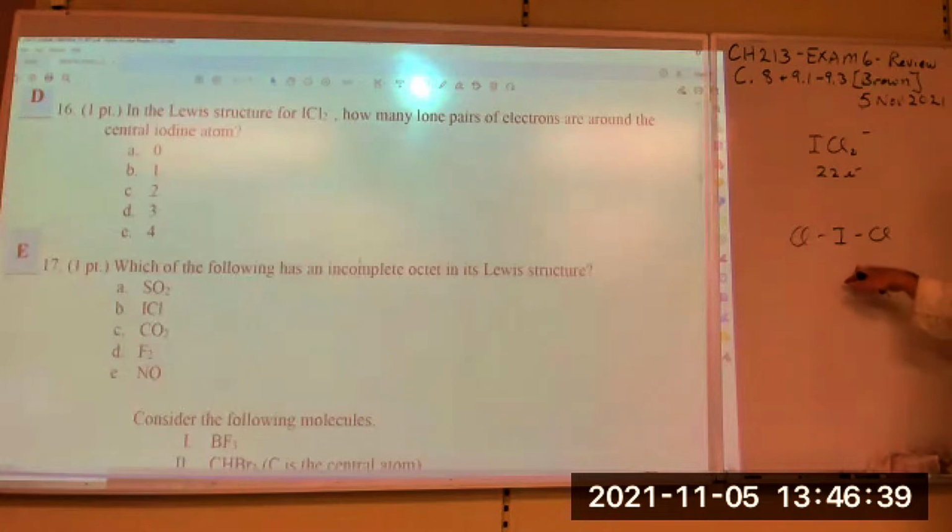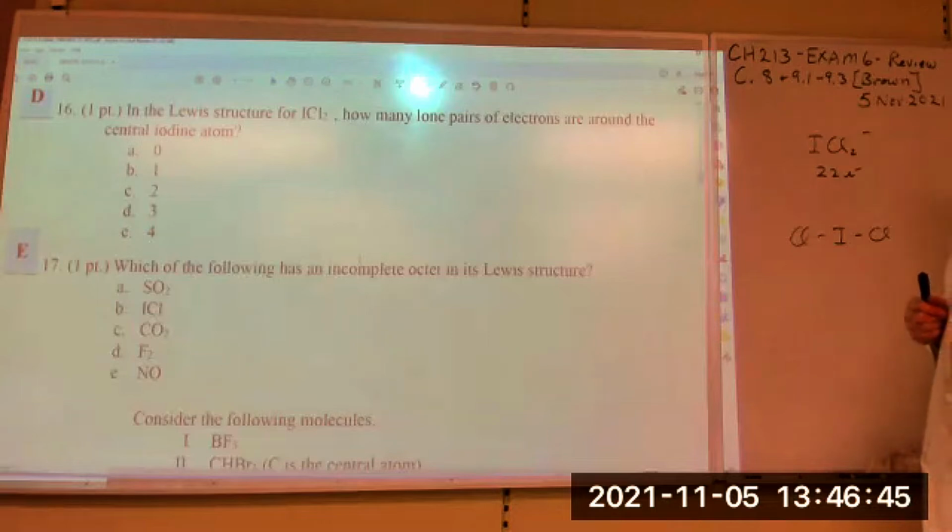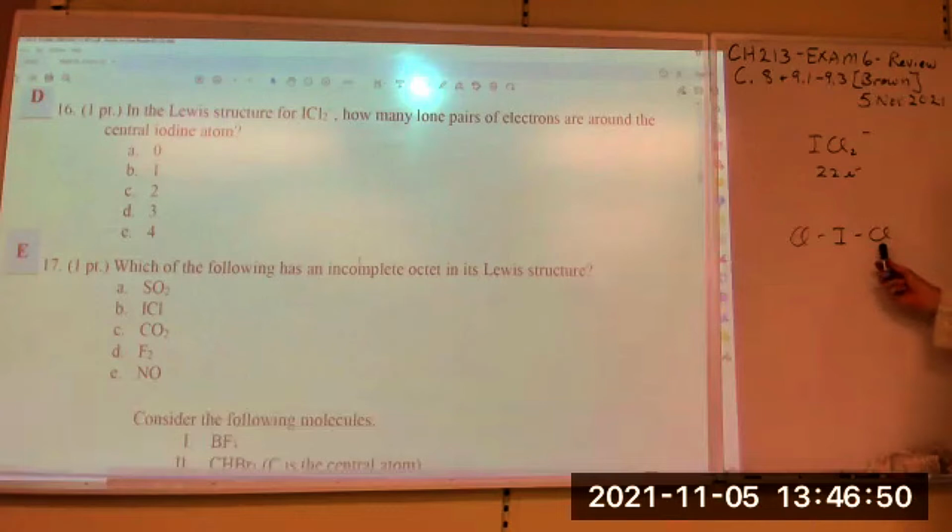Now this defies, remember the rule of thumb? You need to figure out which one's your central atom. You usually put the more electronegative in the middle. Well, chlorine's the more electronegative. But since we got 2 of them, I think it's better to be symmetrical rather than electronegative. So that's why I put iodine in the middle. Plus, that's the way it's written.